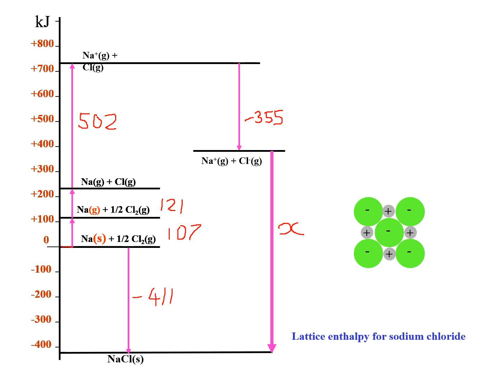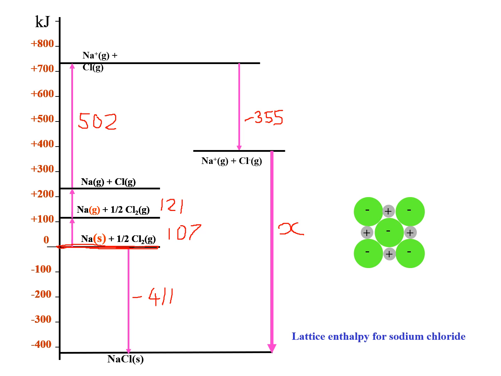And the logic, as we've already said, is if you start at the elements in their standard states, which is here, and you do one loop of the Born-Haber cycle, you end up back where you start again, so the overall enthalpy change is 0. And the basic rule here is that if you go with an arrow, you add it, and if you go against an arrow, you subtract it.